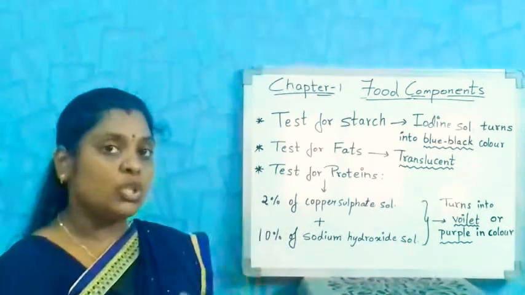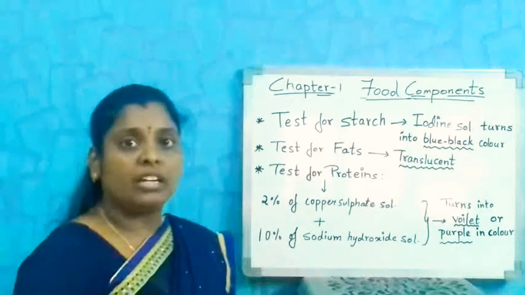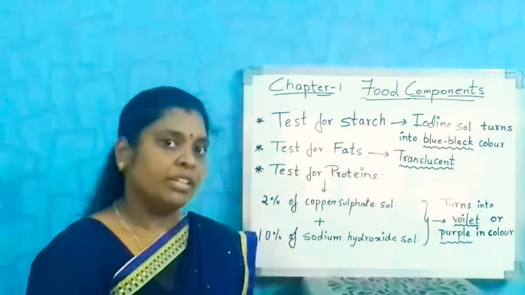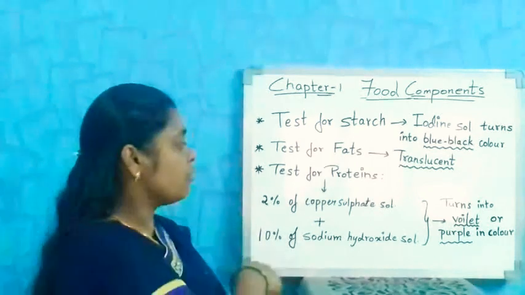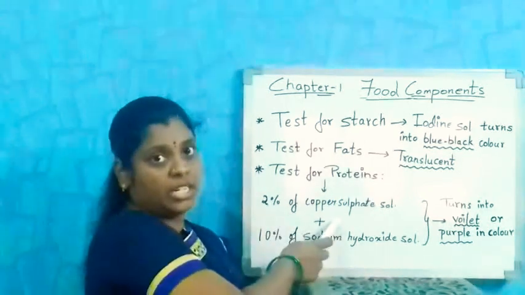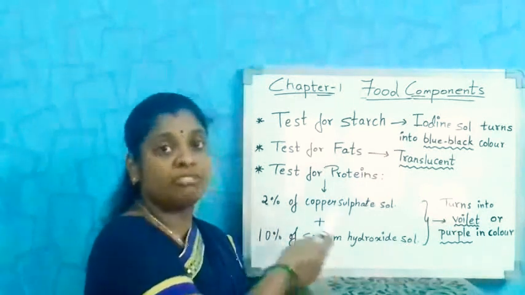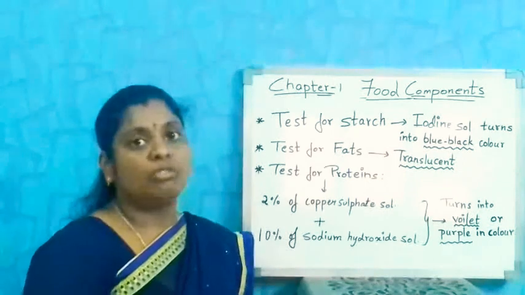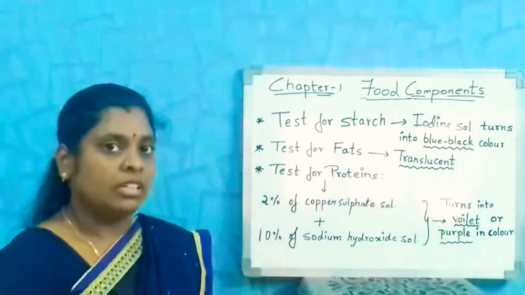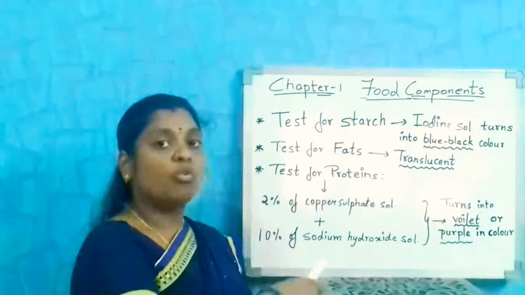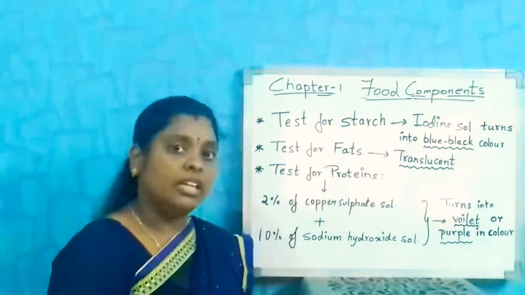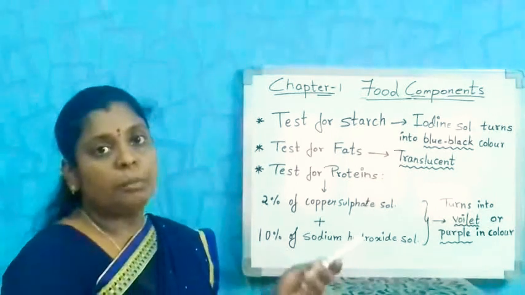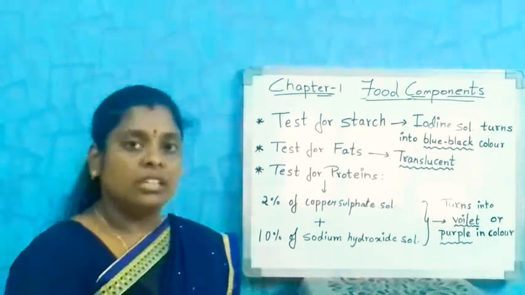Then 10 drops of the food item solution is taken into another test tube. Then add 2 drops of copper sulfate solution and 10 drops of sodium hydroxide solution to that food item. If that food item turns violet or purple in color, we can confirm the presence of proteins in that food.